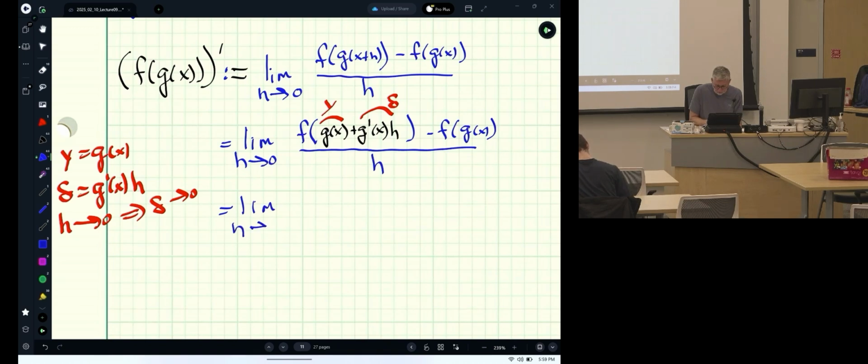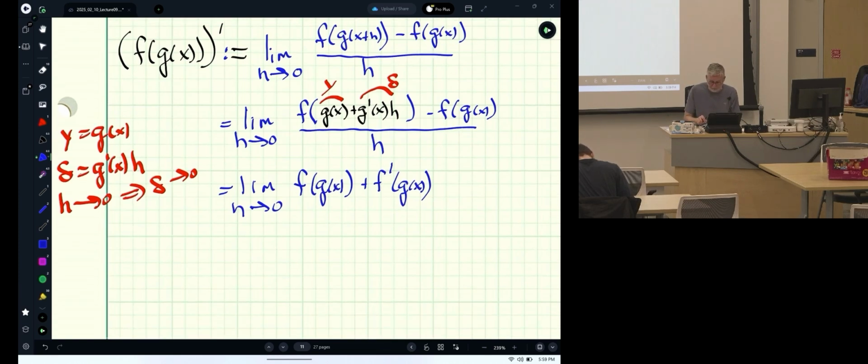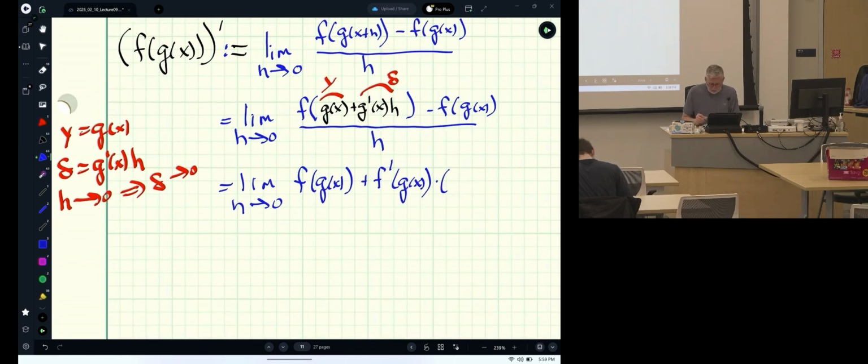Limit as h goes to 0. And for f, we put in f at y, and y is g of x, plus f prime at y, that's g of x, times y minus y0.